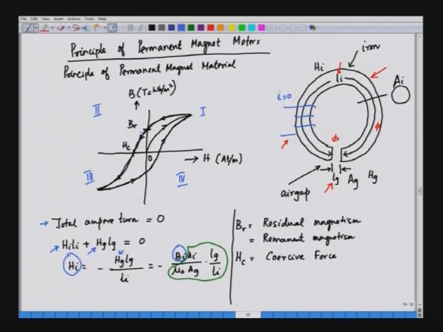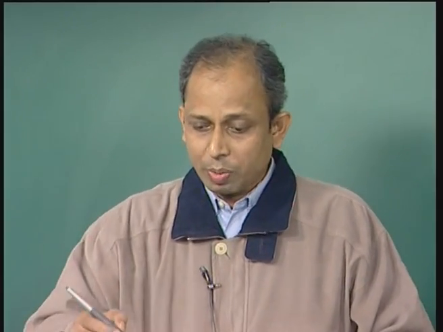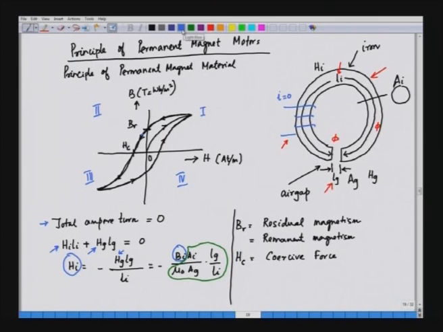So, the operating point here means a combination of Bi and Hi. Bi is the magnetic flux density in iron, Hi is the magnetic field strength in iron. So, this is our Bi and the corresponding value in the x axis is Hi.